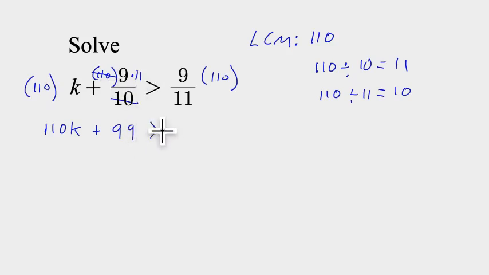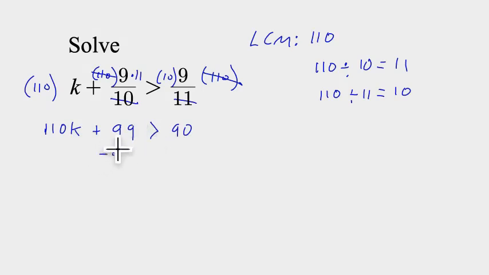All right, this greater sign just tags along. And I have 110 divided by 11. Well, that's equal to 10. So I'll multiply the 9 times 10 because 110 divided by 11 equals 10. All right, and that equals 90. Now we have an inequality that doesn't have any fractions in it.